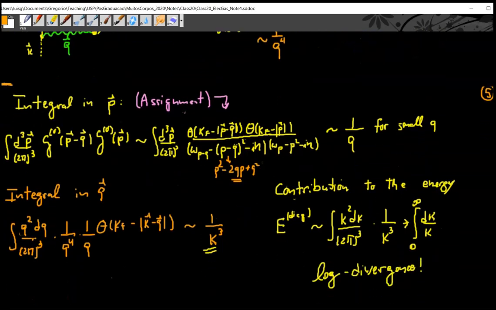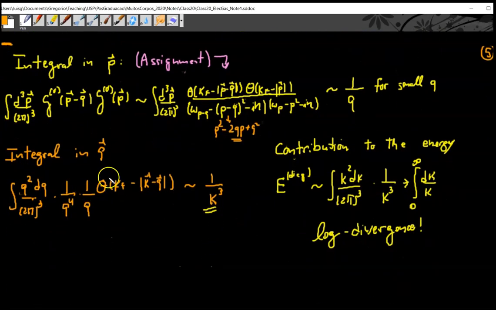And so what do I have if I keep counting the powers? What I have is that 1 over q to the fourth coming from V_q squared, and I have this other 1 over q here, and I have, of course, this factor of k_F minus k minus q. And the integral in q, of course, I can integrate the angles, and when I go down to integrating q, what I have is something like q squared dq, and here I have 1 over q to the fifth.